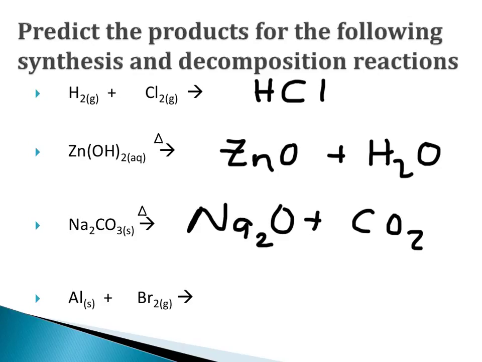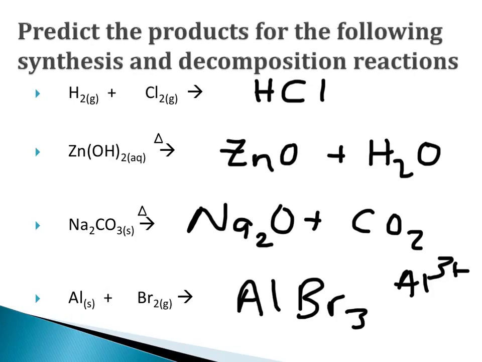And then finally, taking a look at our last reaction here, we've got 2 reactants, so we know that it's going to be a synthesis reaction, and my 1 product will be AlBr3. I know that because aluminum forms an ion with a charge of Al3+, and Br is Br1-.